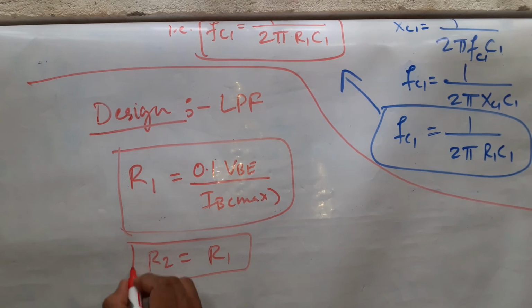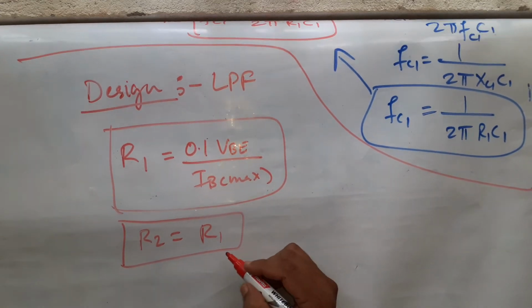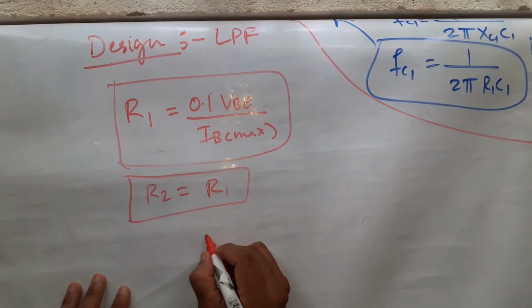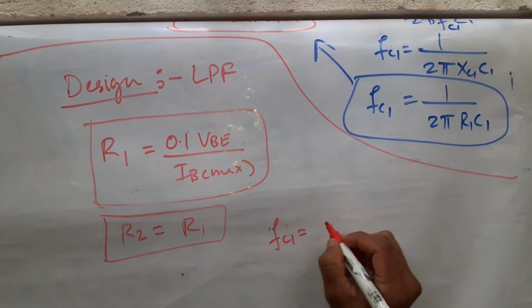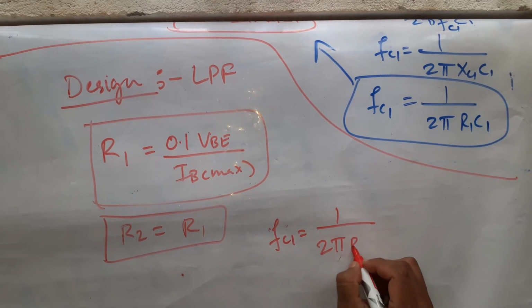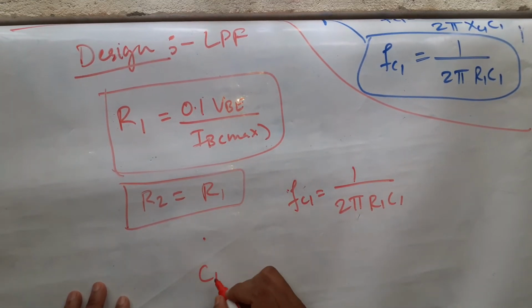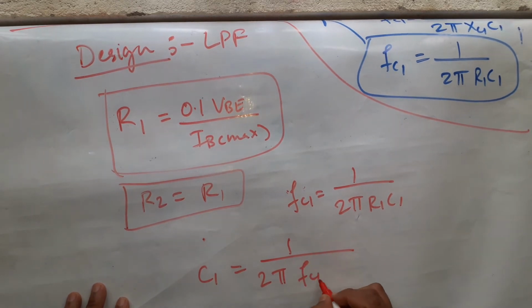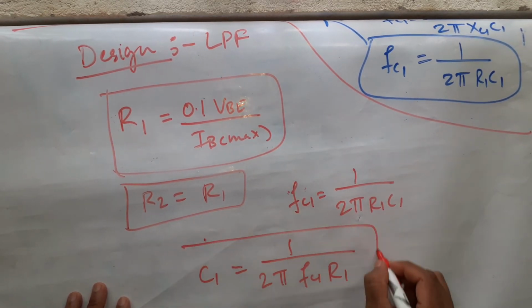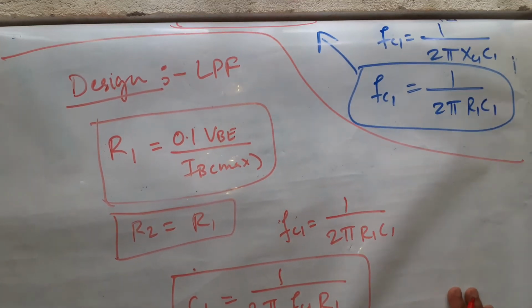This is the condition for it to work as a voltage follower, right? R2 should be equal to R1. What is C1? We have FC1 equal to 1 over 2 pi R1 C1, isn't it? So therefore, from this I can write C1 equal to 1 over 2 pi FC1 into R1. This is the formula for your capacitance C1.